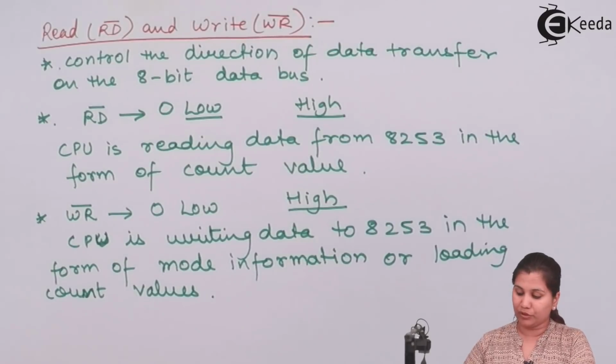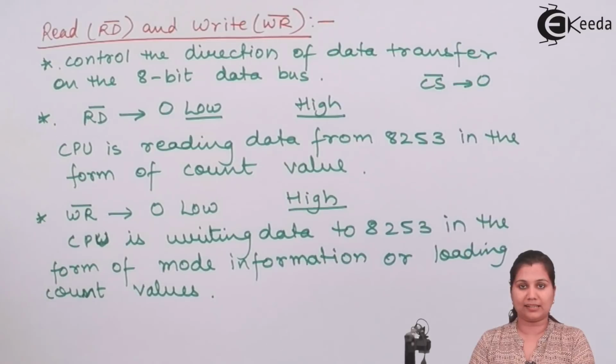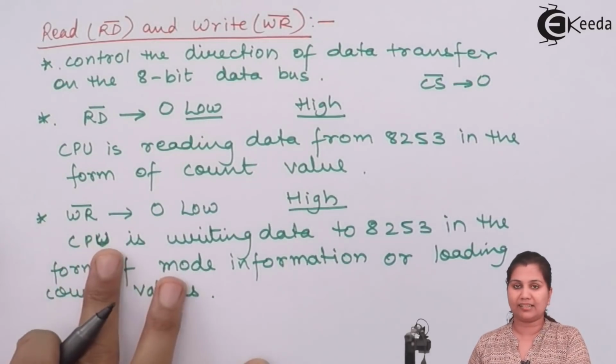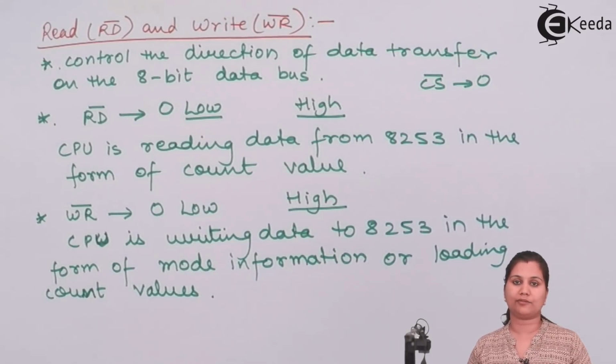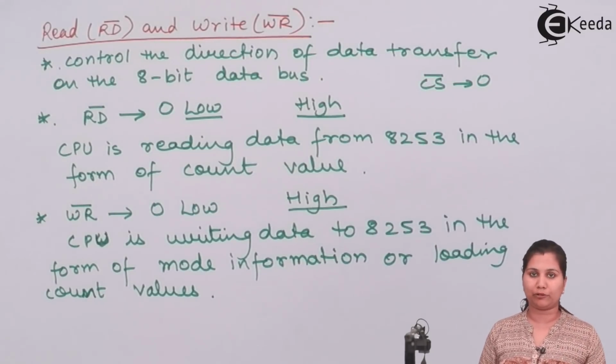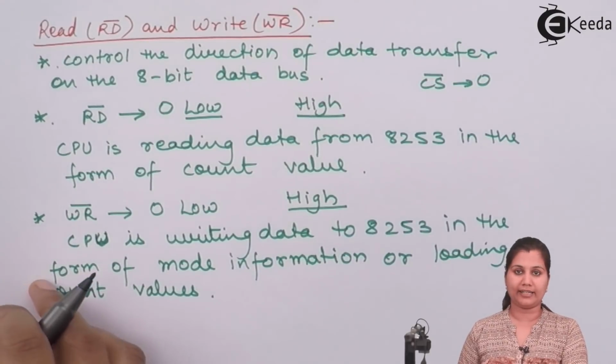If the chip select signal is enabled, it's 0, means the chip is selected, but the read and write signals are high, the data bus buffer will go into the high impedance state and no transfer of data will take place between the 8253 and the microprocessor. So this is the function of the read and write signals.